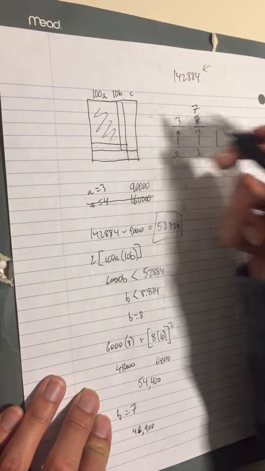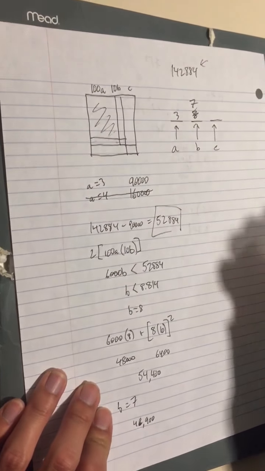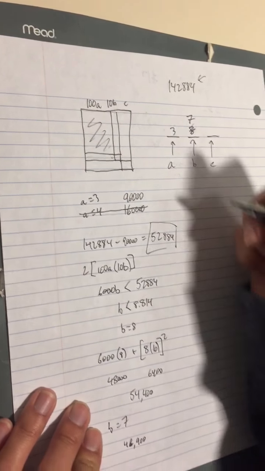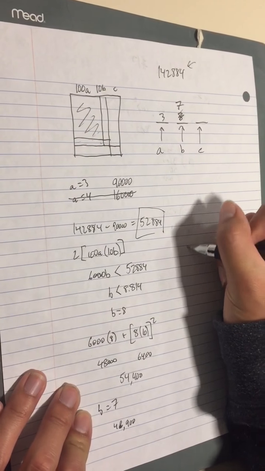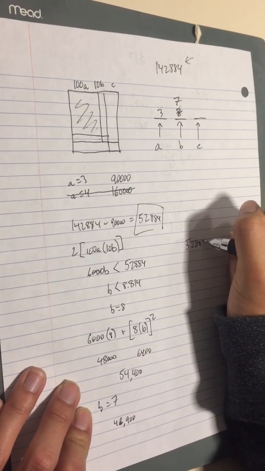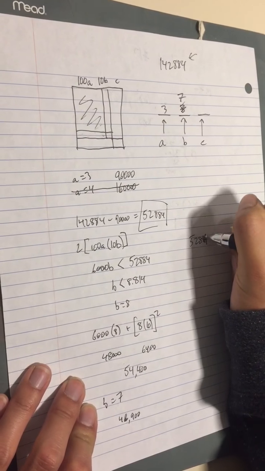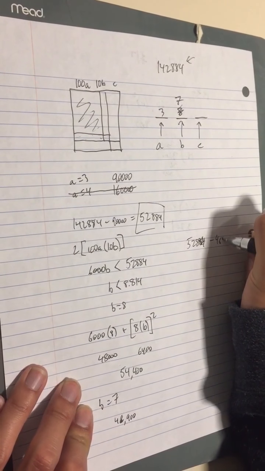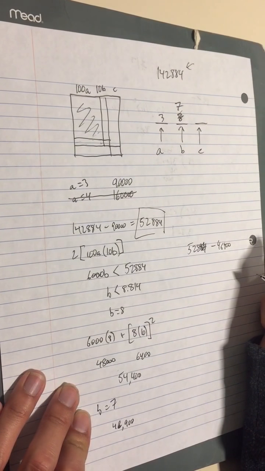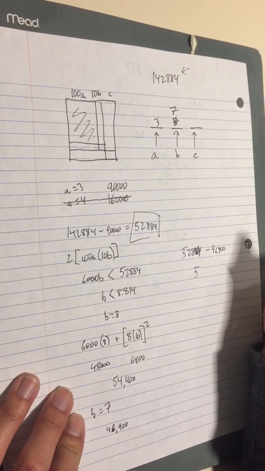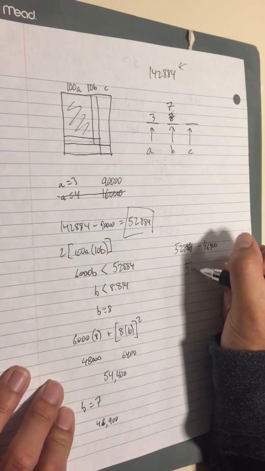And now we're going to try and find C. For C, we're going to do it the same way. We know that this next area is going to be 52,884 minus 46,900. That is equal to 5,084.